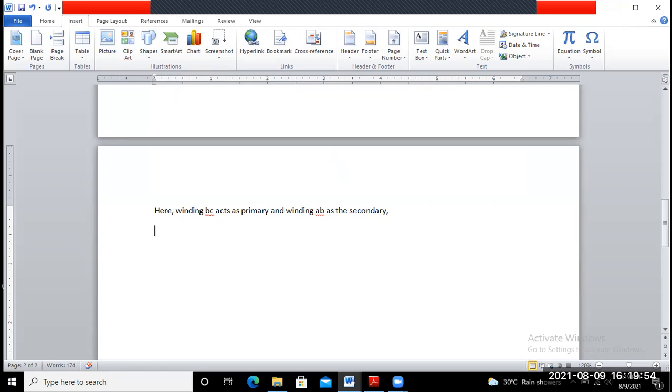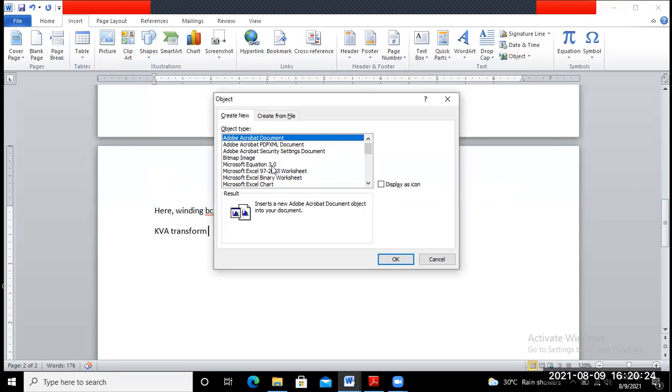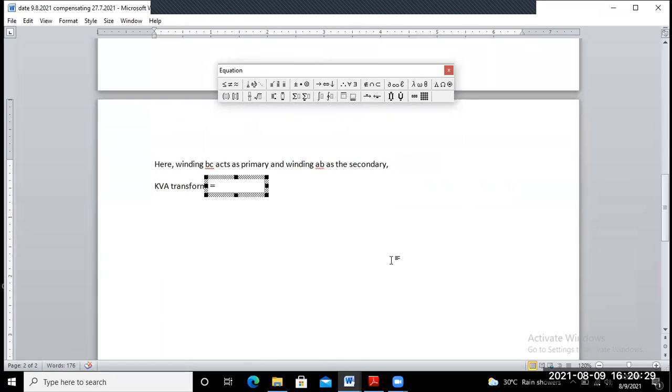So the kVA transformed by transformer action is equal to how much?